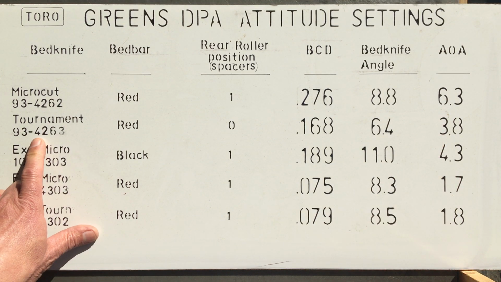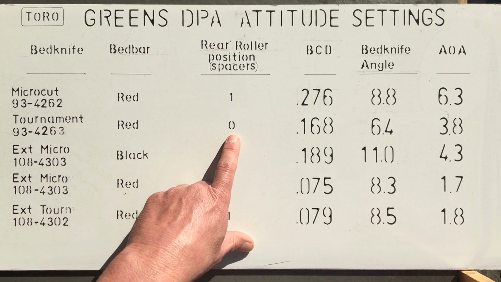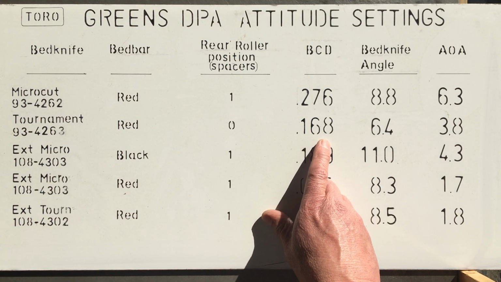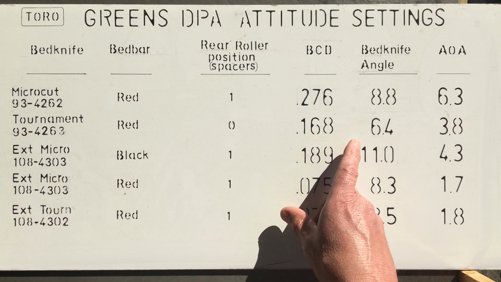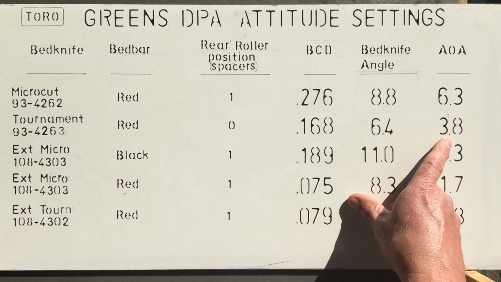Here we have a tournament bed knife, which is the same length as the microcut, same bed bar, no spacer employed. The BCD is 0.168. The attitude is 6.4. Angle of aggression 3.8.